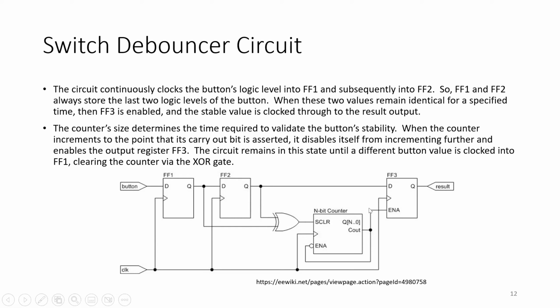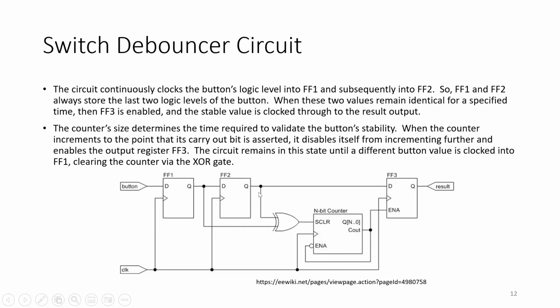And meanwhile, if I have 0, this counter is ready. It is enabled, but it is clear. So that's why I have here a bubble. That means it is asserted on low voltage. I am enabling this, making it ready to count, but it will not count because I have the clear here.